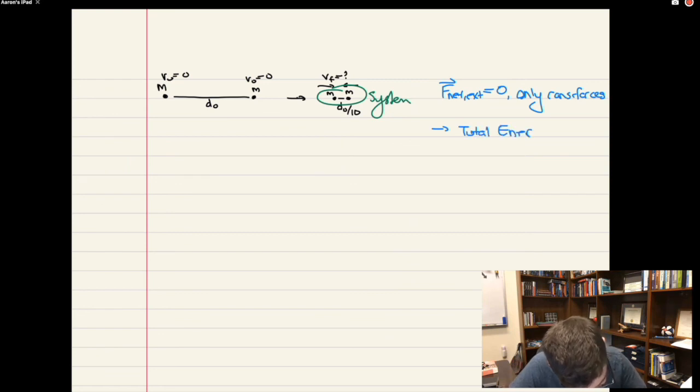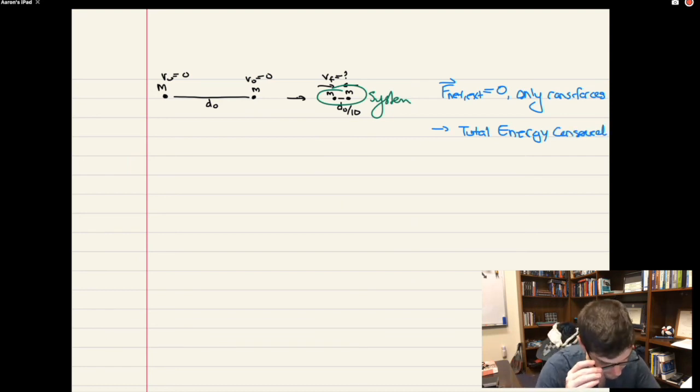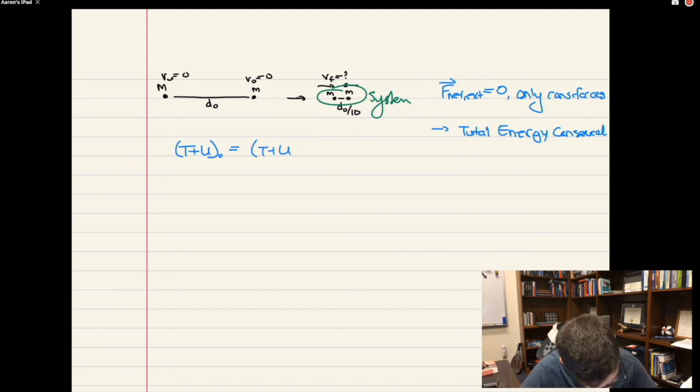That idea has not changed. So I could write down T plus U when they're separated by a distance d naught, and that must equal T plus U final. Now be careful here. Remember, this is the total overall for the entire system.